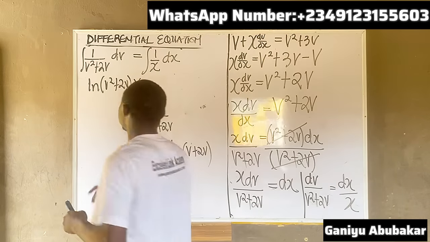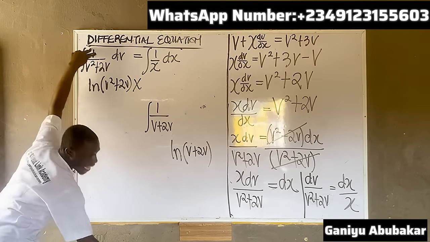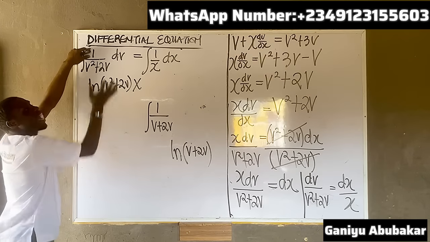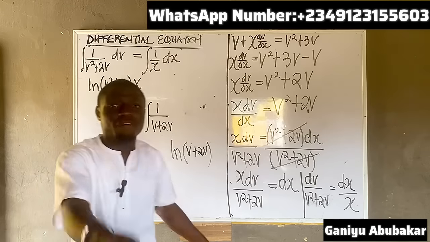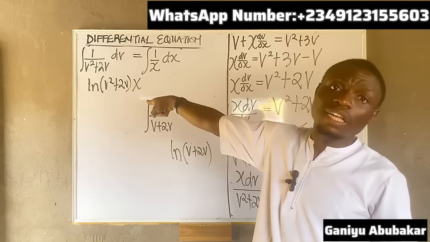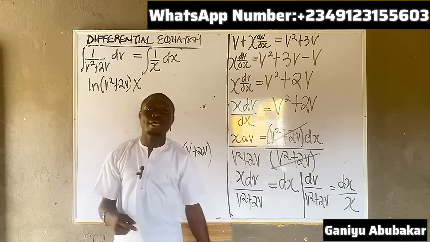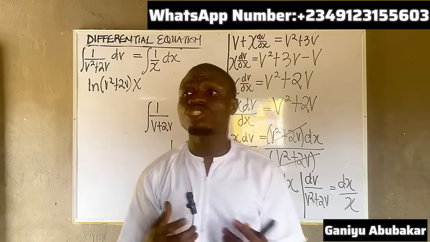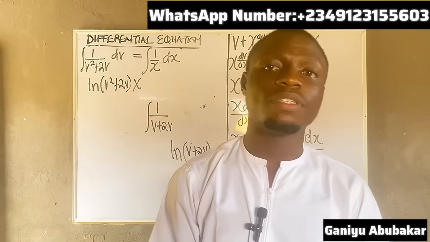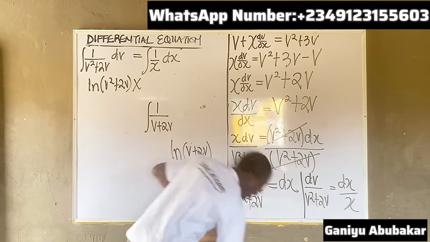Case 2 is that if the power of the numerator is lesser and the denominator is higher, I'll use partial fractions. In this case, the second one follows: the power of the denominator is higher than the numerator, so I'll use partial fractions to resolve it. That's all. So let's solve this one here using partial fractions.